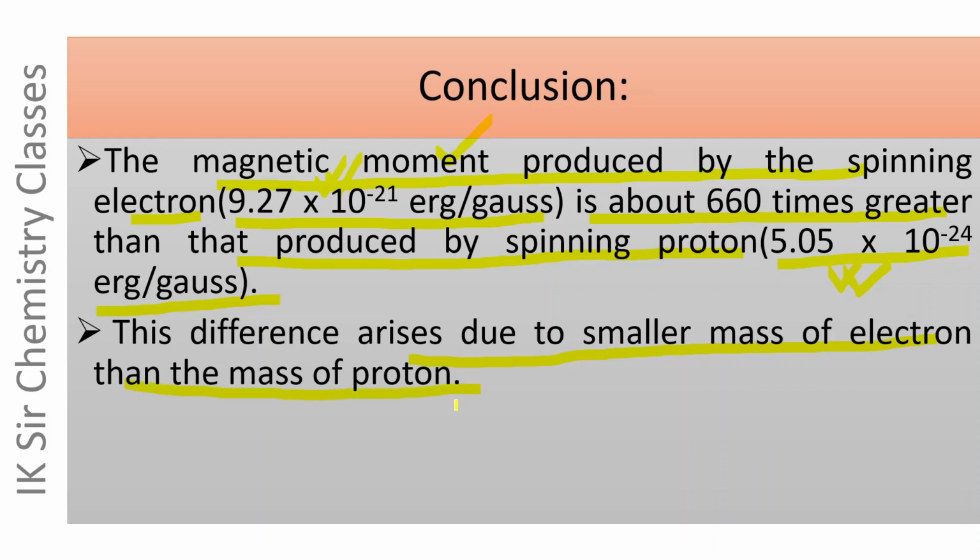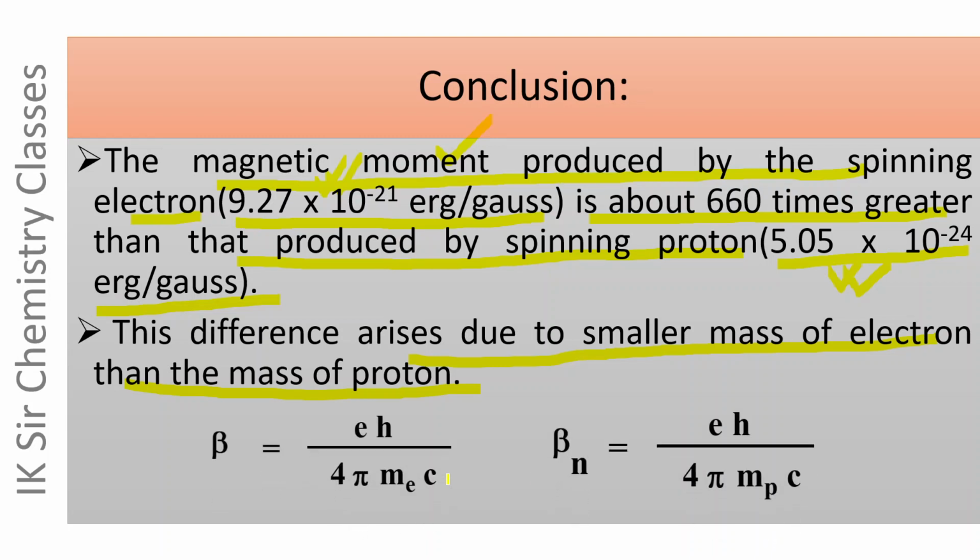The expressions for magnetic moment produced by electron and proton are given here. This is the magnetic moment produced by a spinning electron. This is the magnetic moment produced by a spinning proton. It is eh by 4 pi mec, and it is eh by 4 pi mpc.